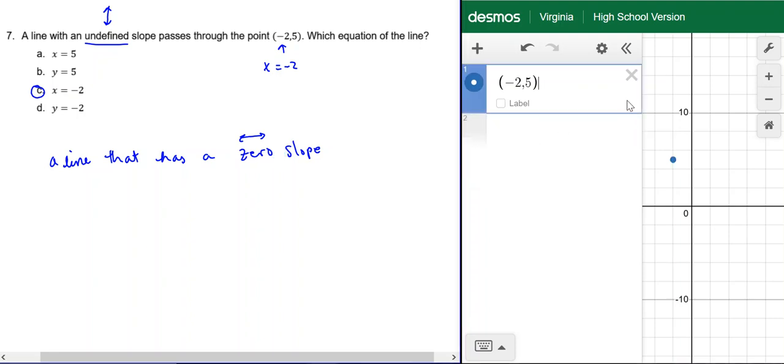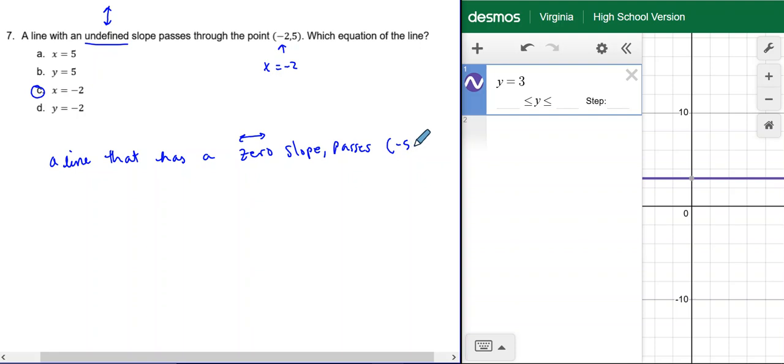And the only way you can get a horizontal line is if you put y equals some number. And it passes through the point -5, 6. Well, if I want a 0 slope, then I'm going to have to do y equals, and just choose the y coordinate right there. That's it. y equals 6.